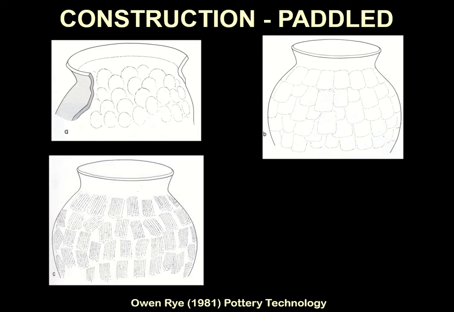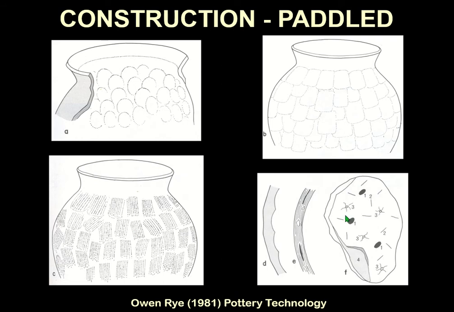Sometimes they will actually use a paddle with a design on it to create the design, and it makes it very obvious how it's made. The inclusions tend to get whacked about a bit, and that whacking will often create breaks that go along the surface. It's very parallel in section, and you might also in section see remains of paddling and anviling on the surface.